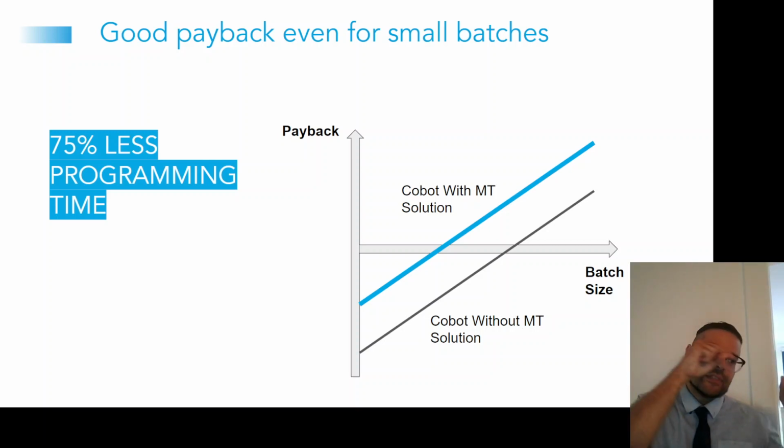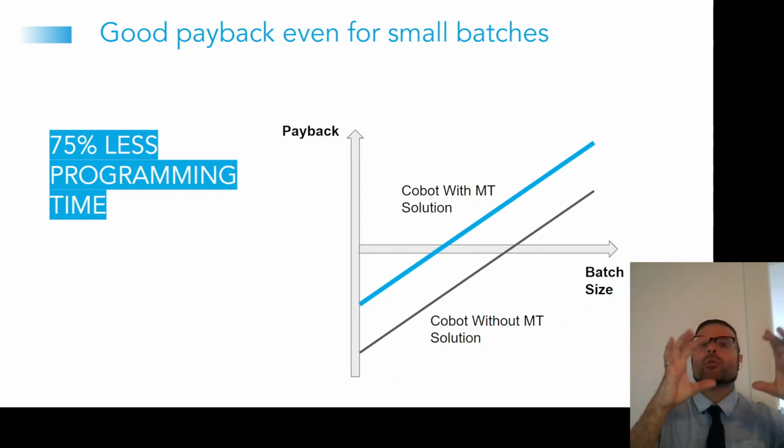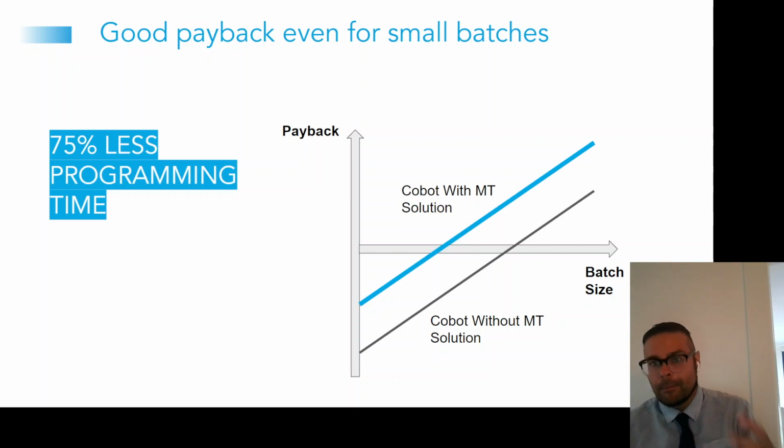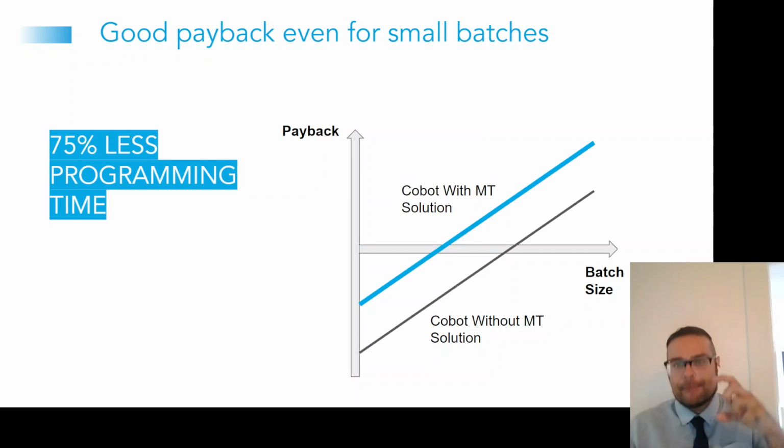Okay. So instead of teaching all the waypoints and all of the actions, there's a software node for all of the sub-actions. For all of the actions, there's a bit of software that makes it faster and easier. So overall, 75% less programming time. That's very, very interesting.